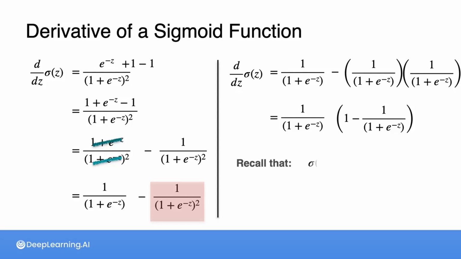Well, recall that this is exactly the sigmoid. So the first term is sigmoid, and the second term is 1 minus sigmoid. So isn't that beautiful? The derivative of sigmoid is sigmoid times 1 minus sigmoid. And the fact that this derivative is so easy to calculate means that it's going to be really useful in machine learning.